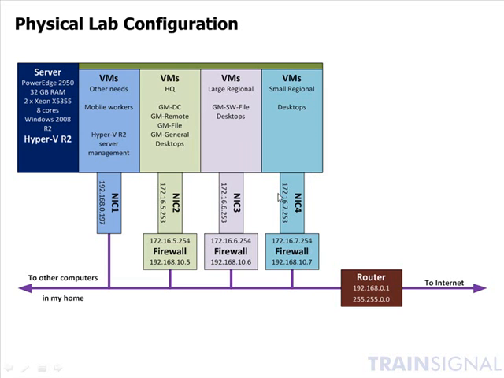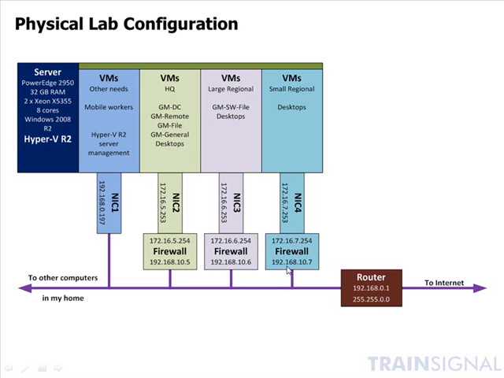And they're connected to a NIC that has the address 172.16.7.253. From that network adapter, we are connecting to a firewall with an IP address of 172.16.7.254 with an outside firewall address of 192.168.10.7.